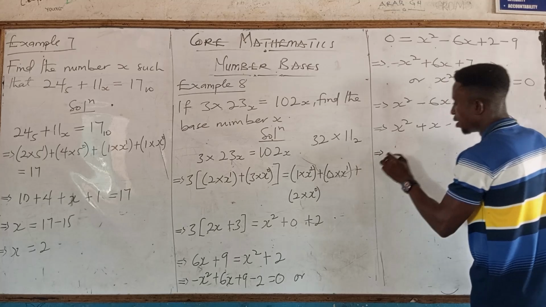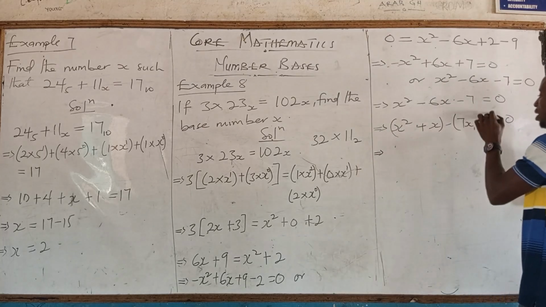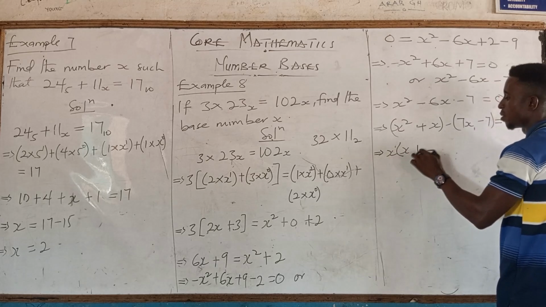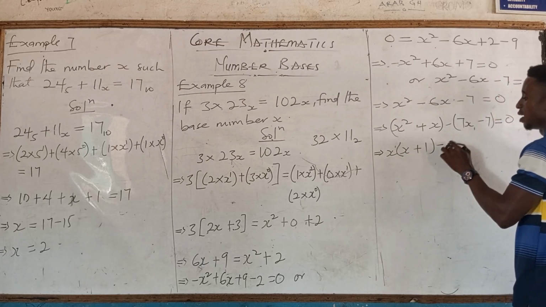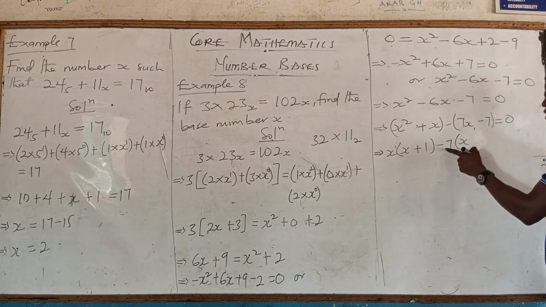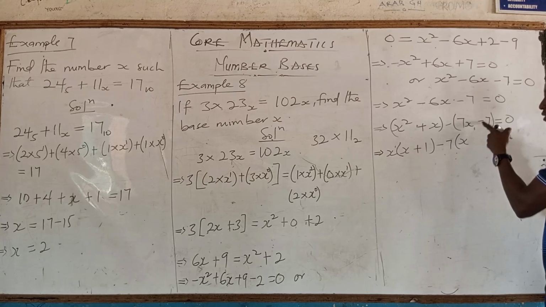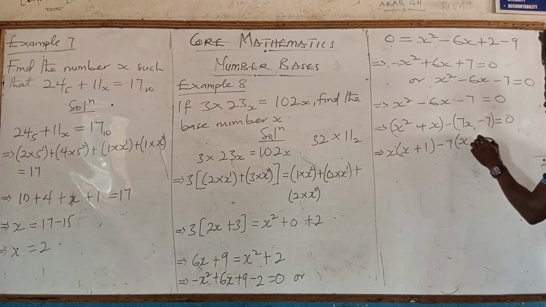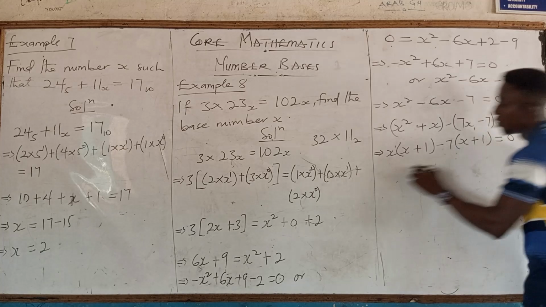So now grouping there, we'll get that. So now I have x plus 1, then -7, x. So negative into negative is positive. So here negative divided by negative is positive. So I have plus, then 7 divided by 7 is 1, which is equal to 0.